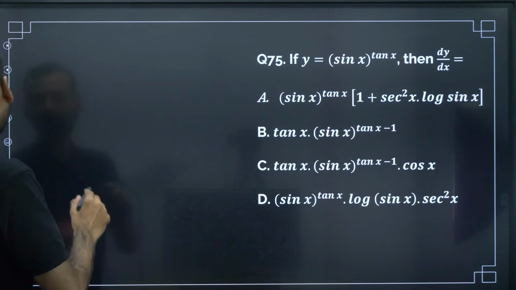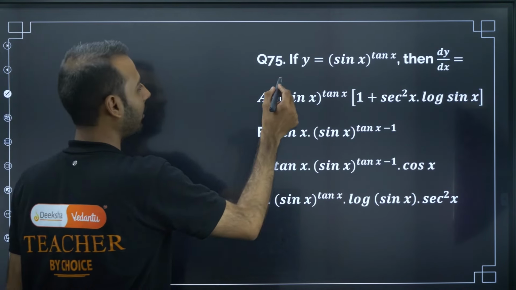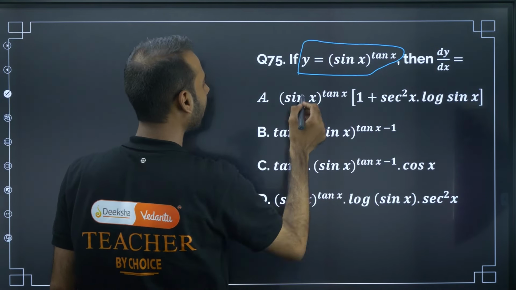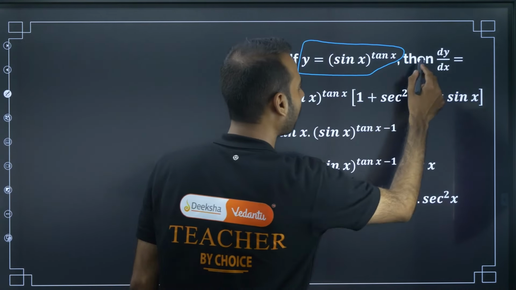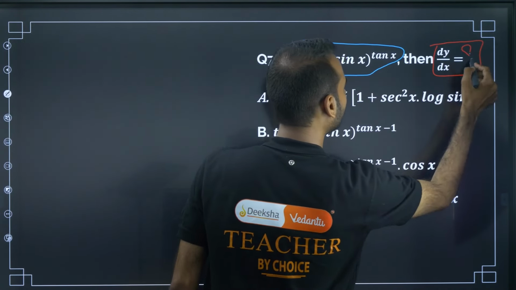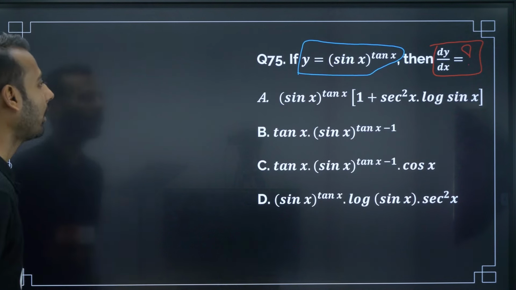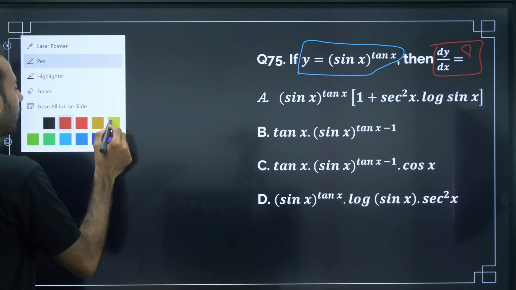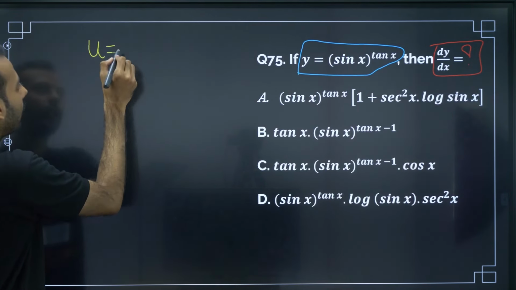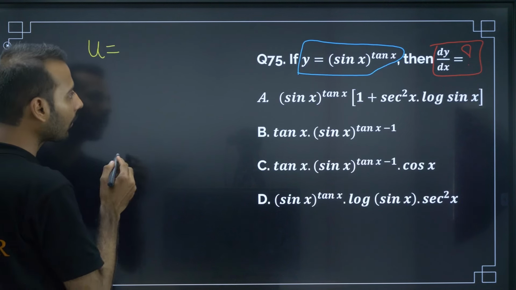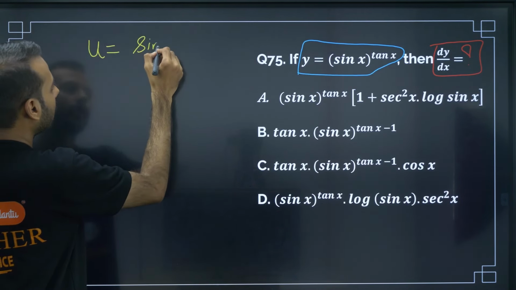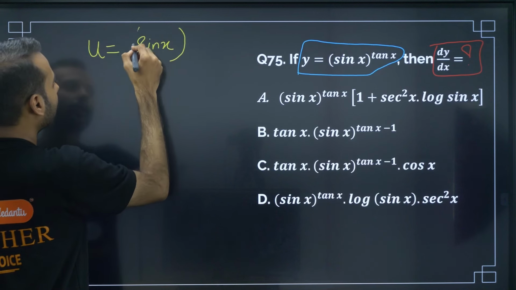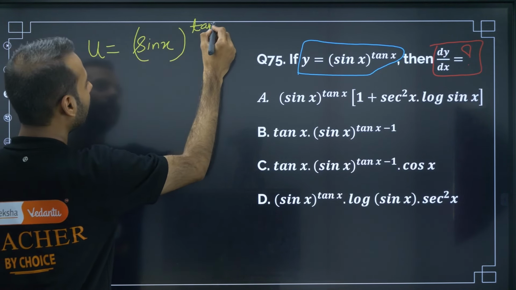y is equal to sin x, then dy by dx is equal to, some information they have given. So let me copy and paste. Let me call that u. u is equal to sin x power tan x.